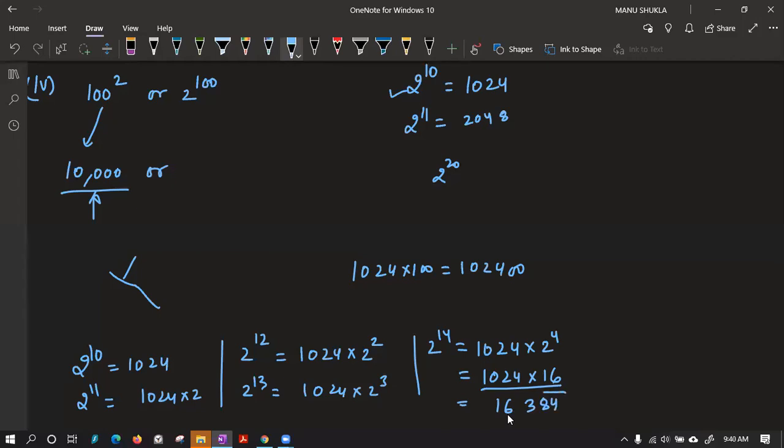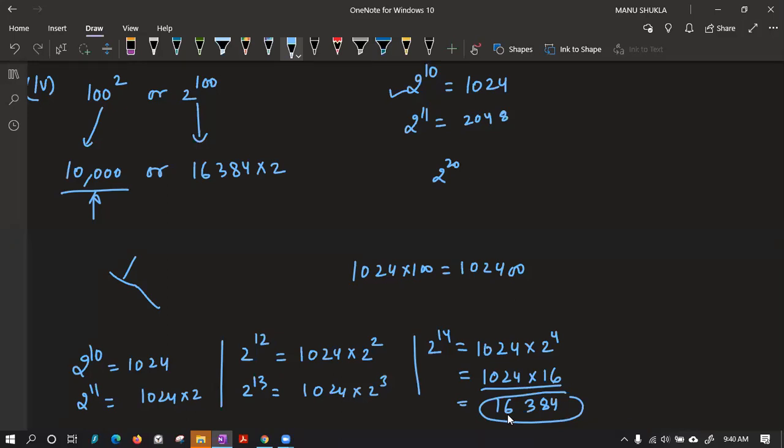So class, can we say 16,384 is more than this number? So I can say 2 power 100 can be written as 16,384 into 2 power remaining.